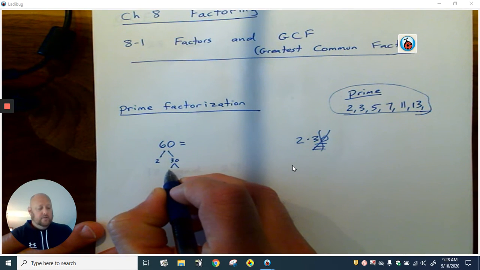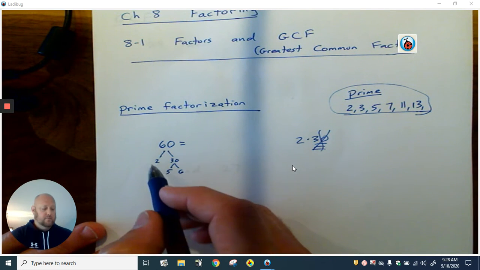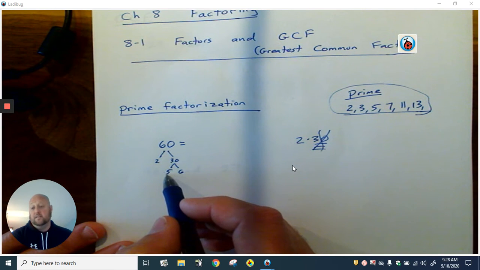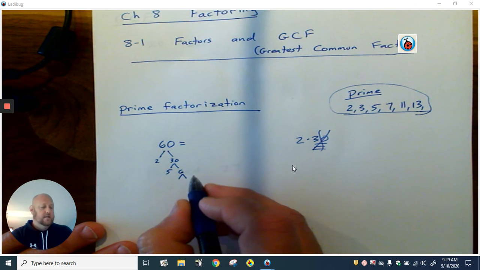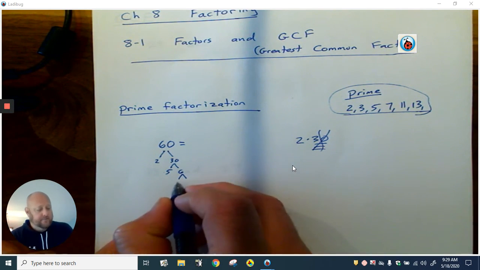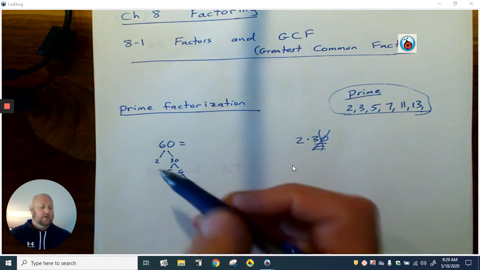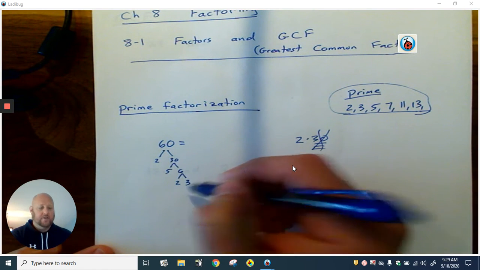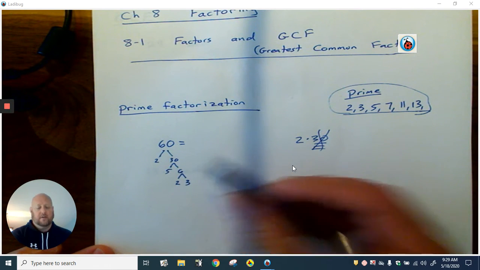So let's say we used 5 and 6, okay? Again, we look at the ends of the branch. The 5 is prime, so that's done. The 6 is not, so we have to take the 6 a little bit further, okay? What 2 numbers multiply together to get 6? Well, that's 2 and 3. So this is what we call a factor tree. We only look at the leaves of the tree, okay?